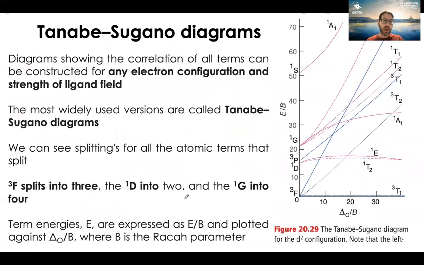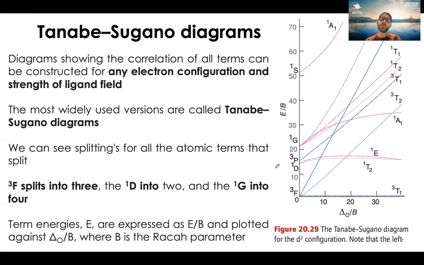And then we can also have these Tanabe-Sugano diagrams, which are diagrams showing correlations for all the spectroscopic terms that can be for a given configuration.